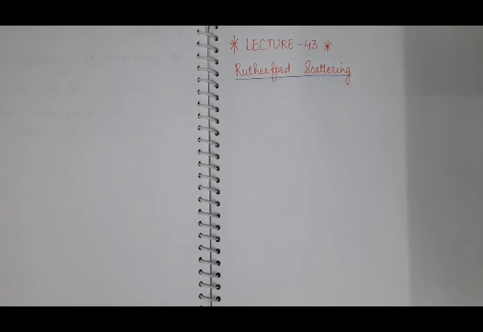So at infinity, there will be no force between them. But when this positively charged particle approaches the nucleus, the force of repulsion between them will increase. And at one point, the force of repulsion will be maximum.